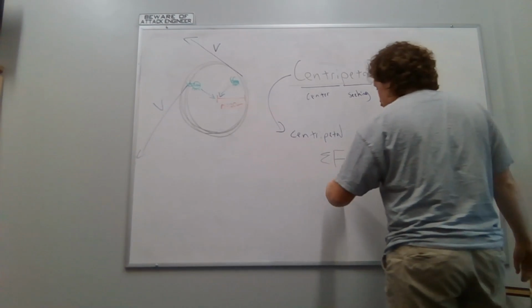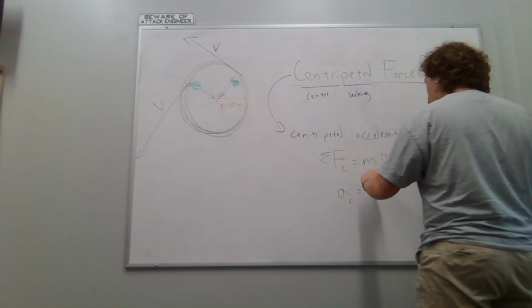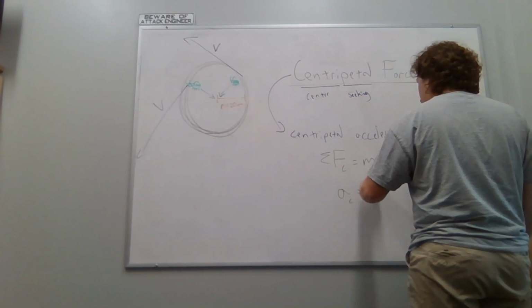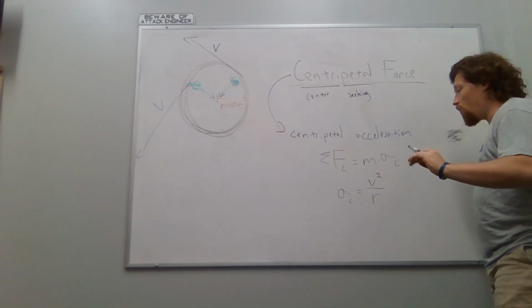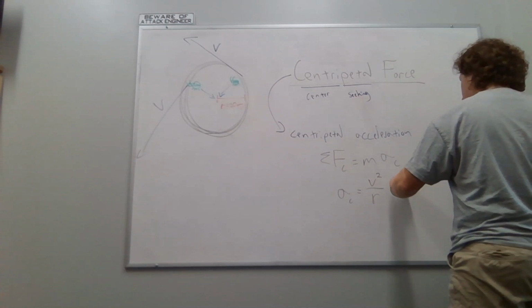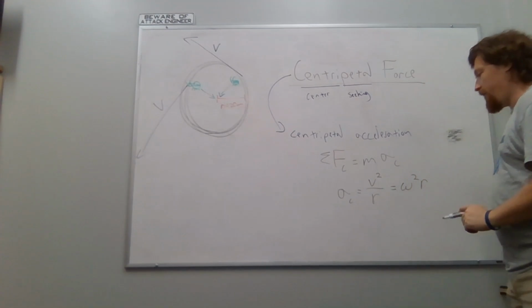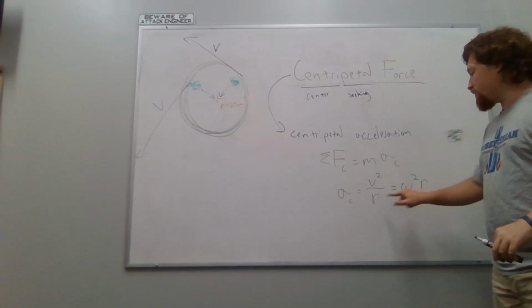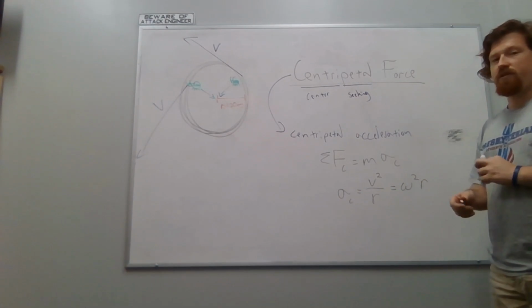And the centripetal acceleration of an object is equal to linear velocity squared over orbital radius, or alternatively, an equally valid formula is angular velocity squared times radius. Both of these formulas mean centripetal acceleration.